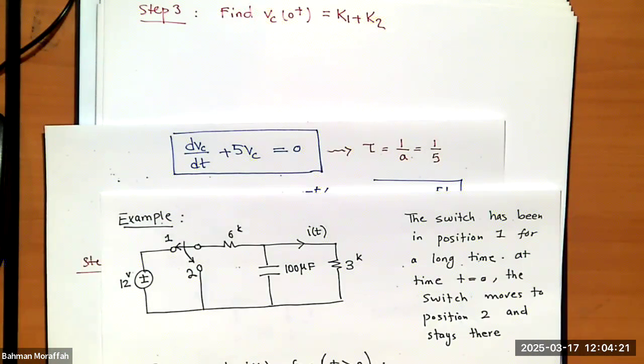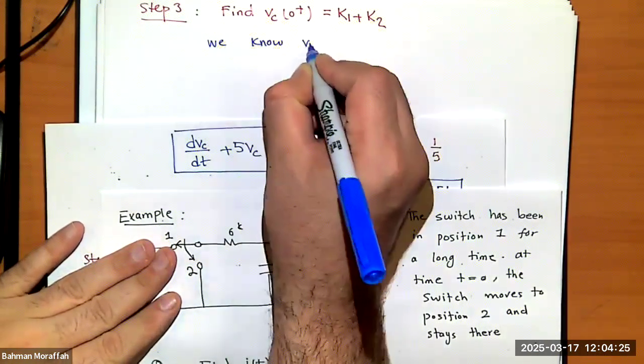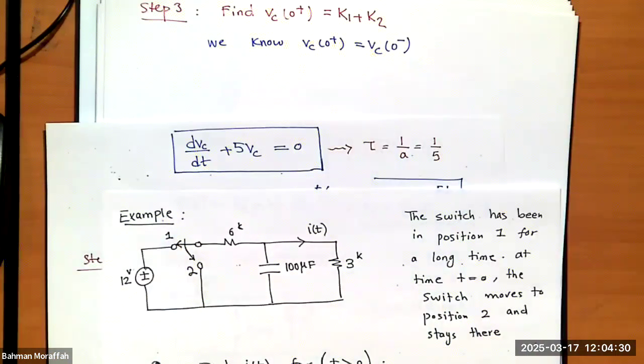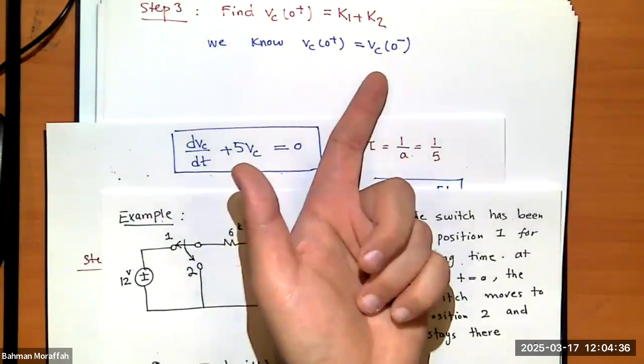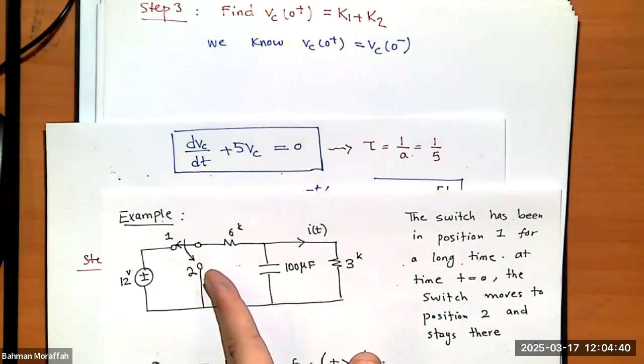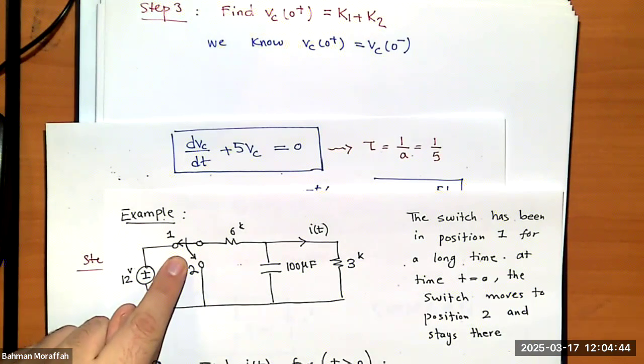The good news is we know VC 0 plus is the exact same as VC at 0 negative. So what happens at 0 negative? At 0 negative, I am no longer in position 2. I'm in position 1.